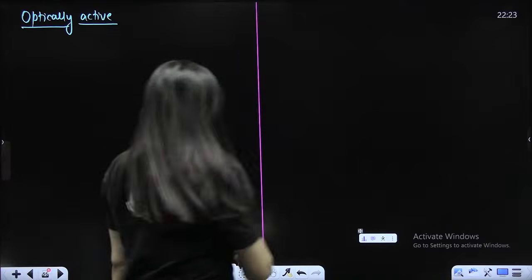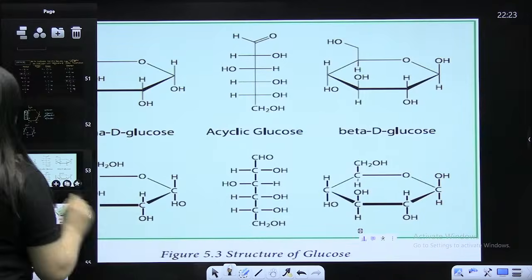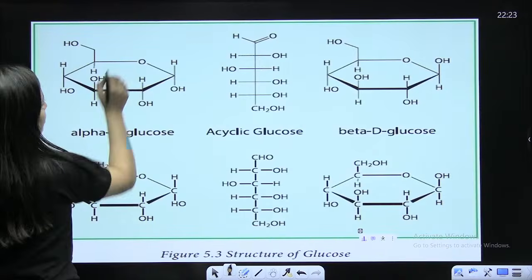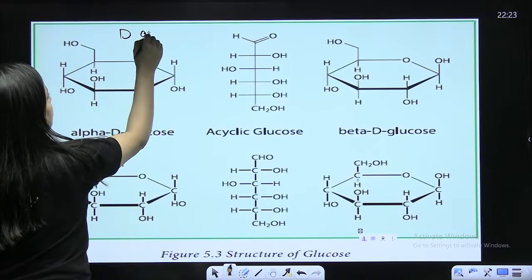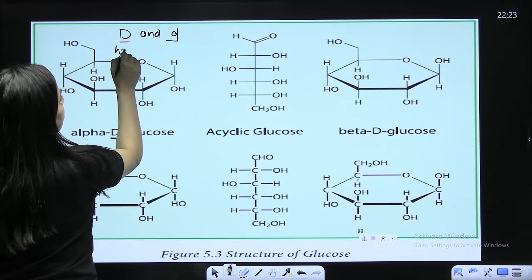Number one. Number two, wherever capital D is written, bacha, in chemistry you will understand this in a better way. Capital D and small d have different meanings.